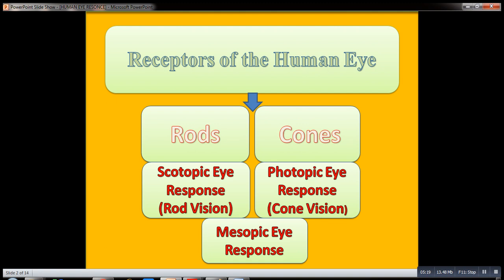Now we transfer to cone vision, which means photopic vision. The cones are responsible for photopic vision.